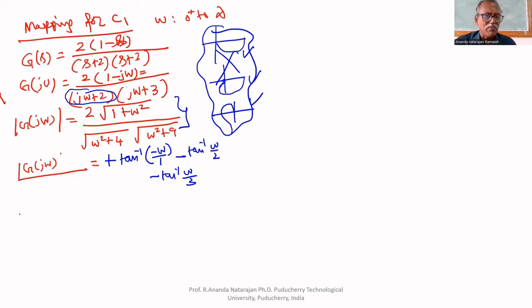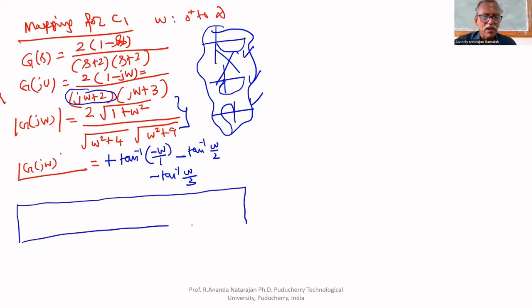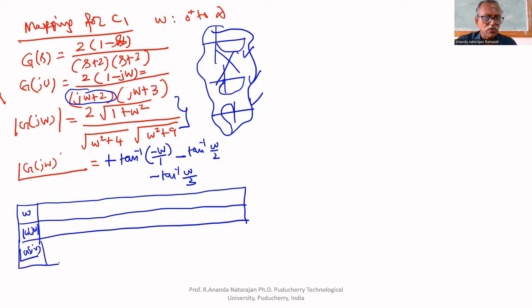That's why we have to form a table and find various values: omega, modulus of G of j omega, and angle of G of j omega. Omega will not be useful to plot, but it will be useful to find the modulus of G of j omega and angle of G of j omega.